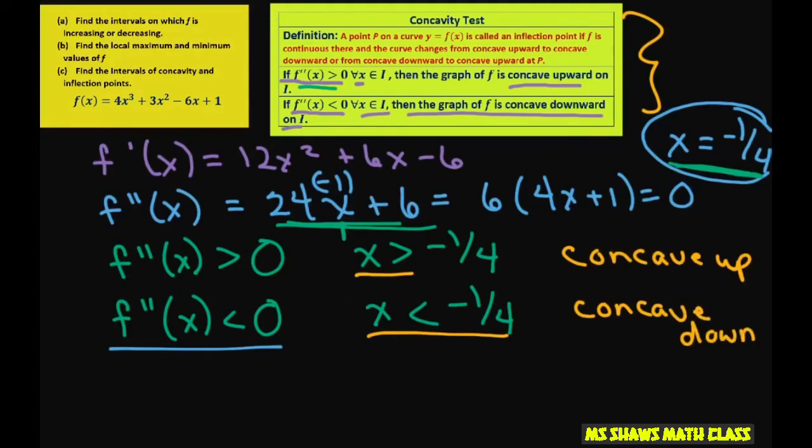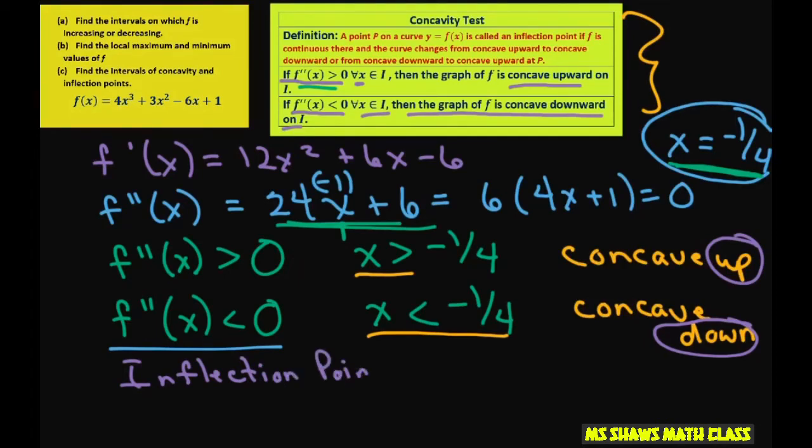Now, all you need to know is that since it's switching from up to down, or down to up, you have an inflection point. If it said up to up, you don't have an inflection point. But because it's switching from up to down, that means you do have an inflection point at negative 1/4.